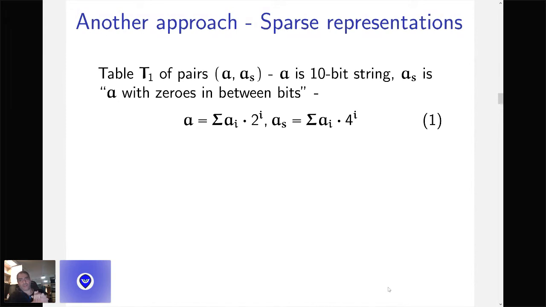Here, we're going to construct a table of pairs A, AS, where A is, sorry, this should be 11 bits, but say it's a 10 or 11-bit string, and AS is A with zeros in between the bits, sparsifying A. A simple way to write this precisely is, if the bit decomposition of A is the sum of AI times 2 to the I, then AS will simply be the sum of AI times 4 to the I.